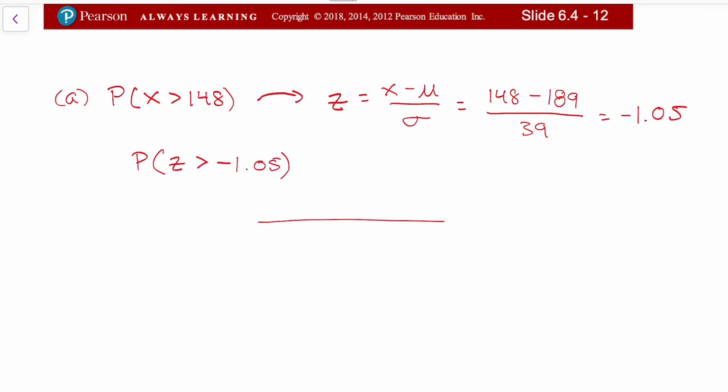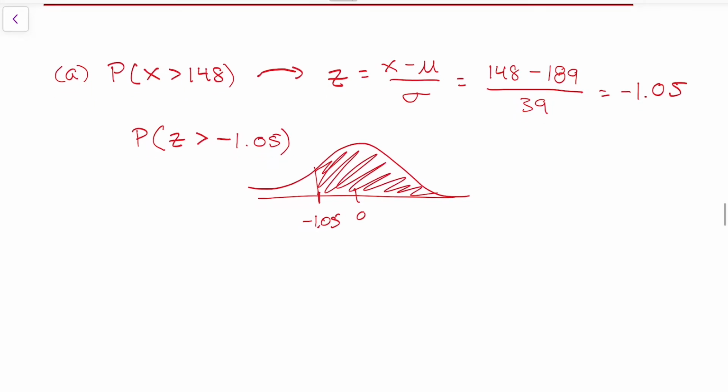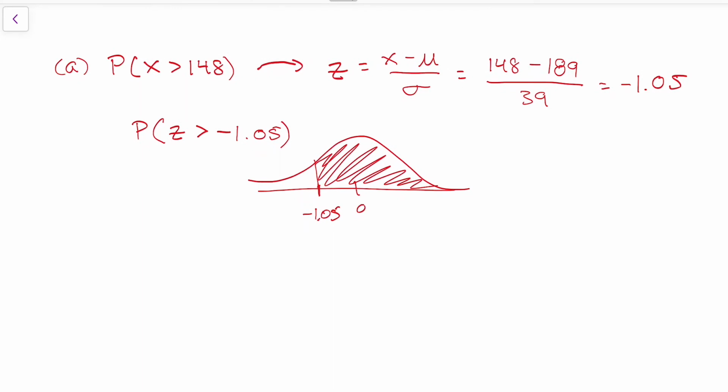If I were to draw this, here's my mean of 0. That means negative 1.05 would be about there, and I want to be greater than that. Well, if I look at that, I know that my standard table does not tell me the area to the right, it tells me the area to the left.